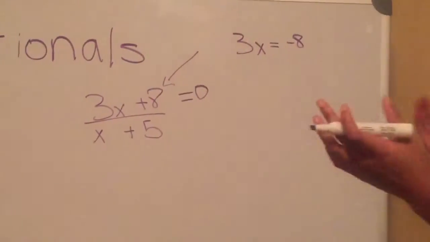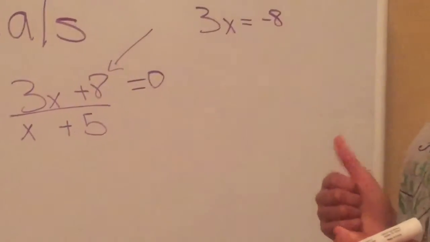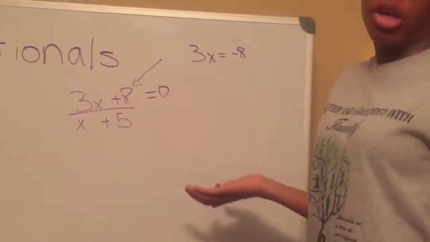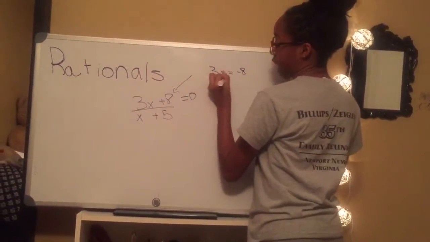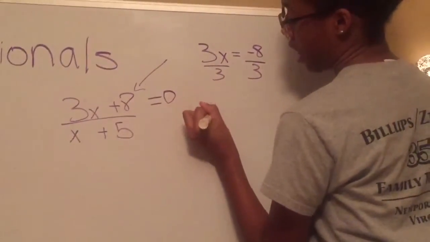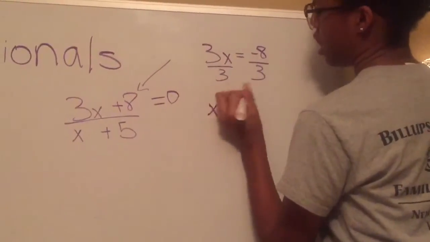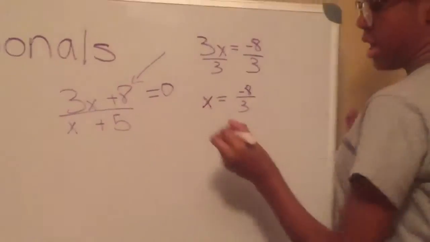So now you're going to want to bring the 3 over. Your ex's girlfriend trying to break up with them. So you're going to divide 3 by each side, and it will give you x equals negative 8 over 3. And that's your answer.